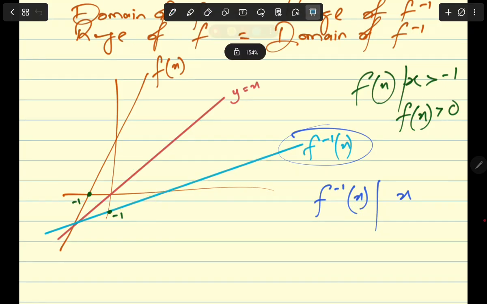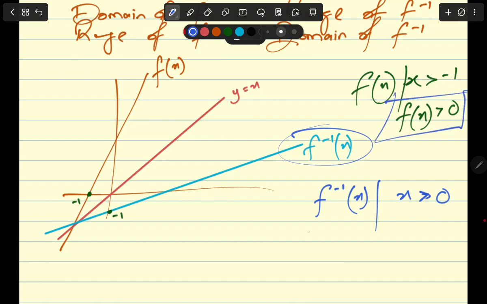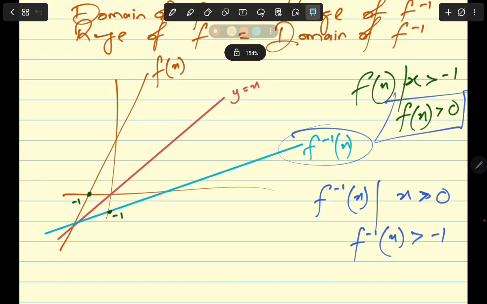So you can see that f inverse of x has a domain x greater than 0, which is similar to the range of f of x, and f inverse of x has a range of greater than -1. I will highlight it one more time right here. You can see that the range of values is greater than -1, right?